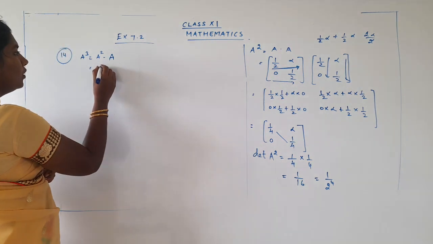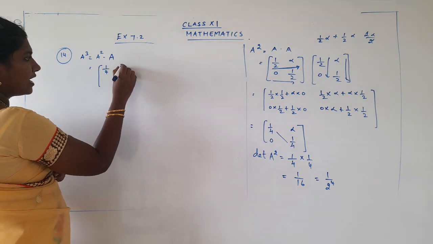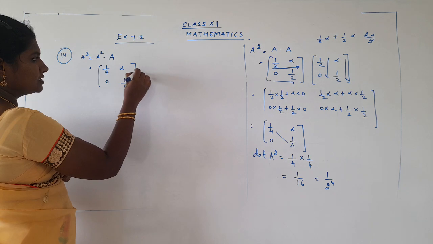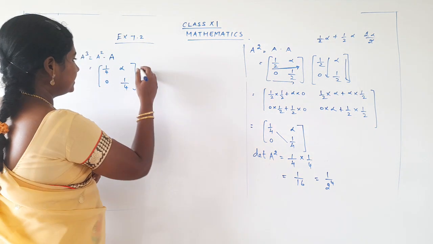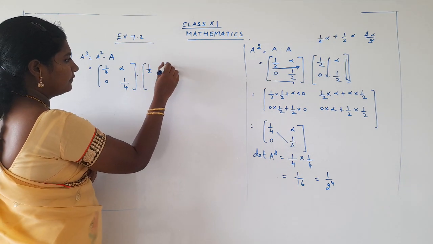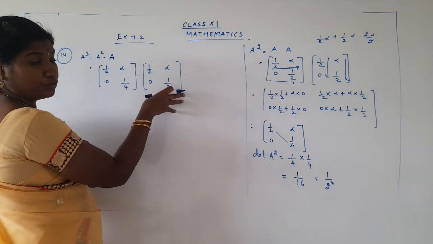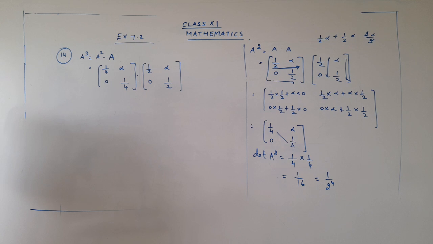It is 1 upon 4, alpha, 0, 1 upon 4. And what is the value for A? It's 1 upon 2, alpha, 0, 1 upon 2. So we have to multiply these two matrices. Just substitute the values.